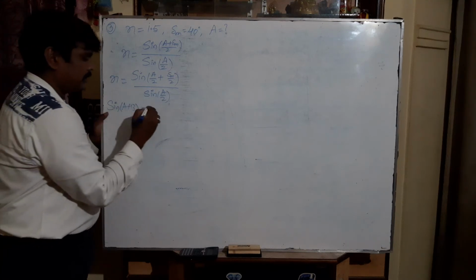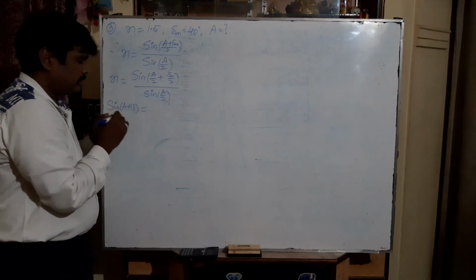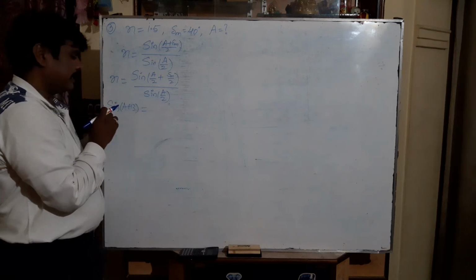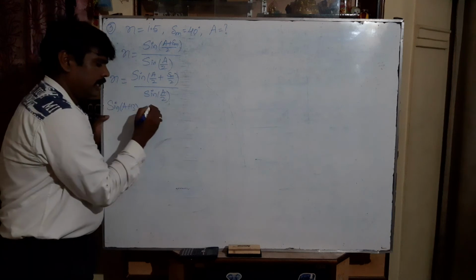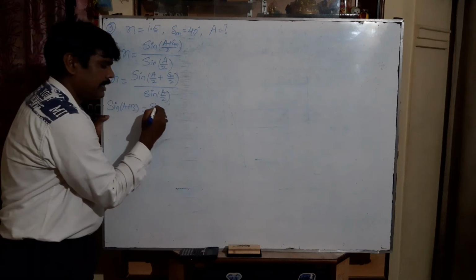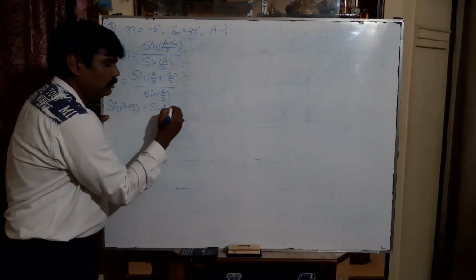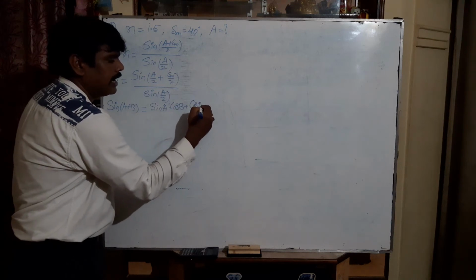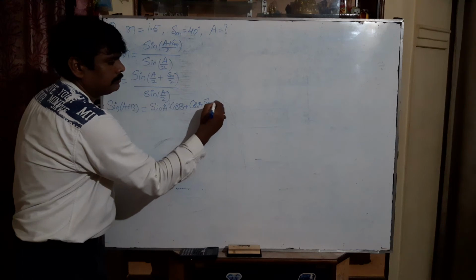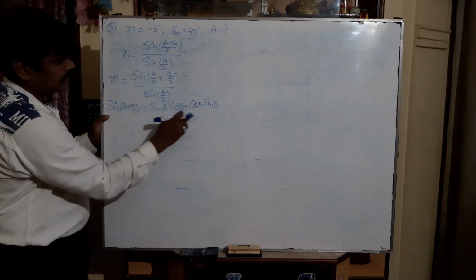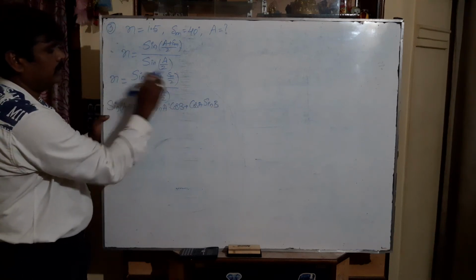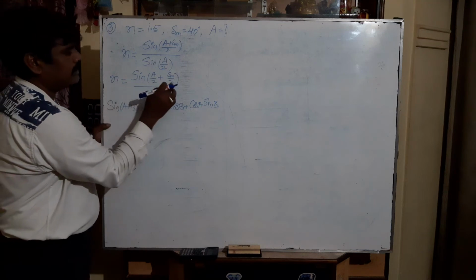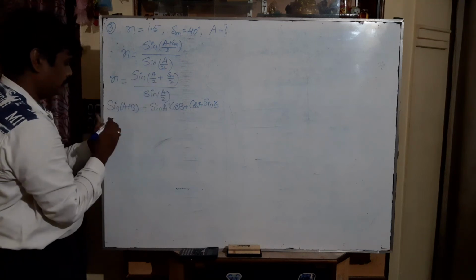The standard formula is sine of A plus B, which is already studied in first PUC trigonometry. There they explain sine A cos B plus cos A sine B. I am using this formula to expand the numerator term.